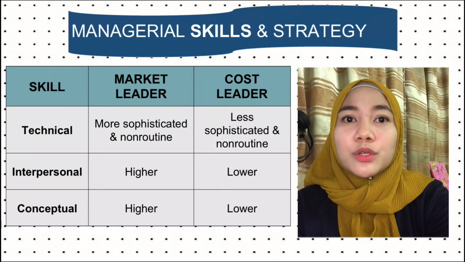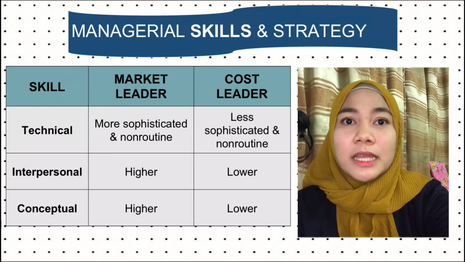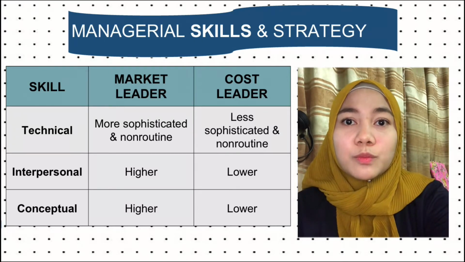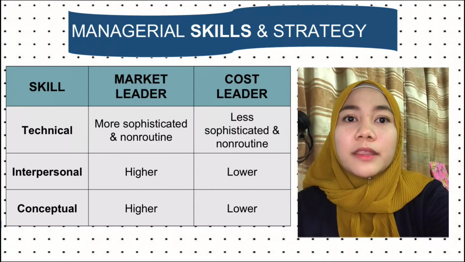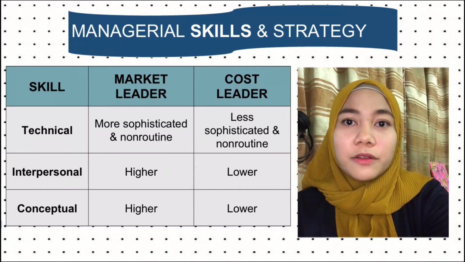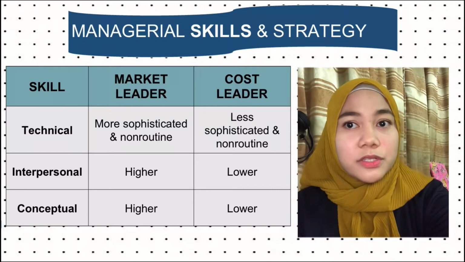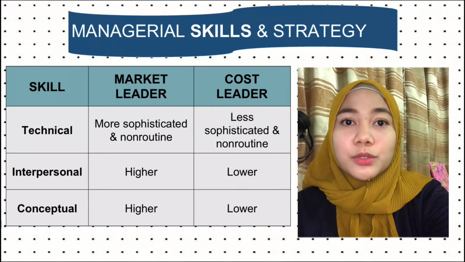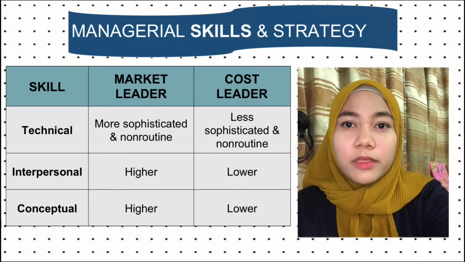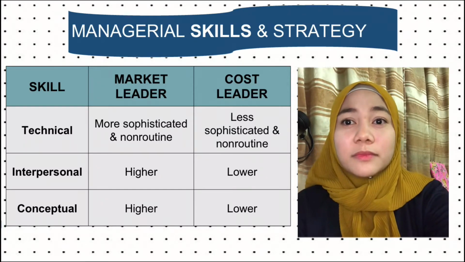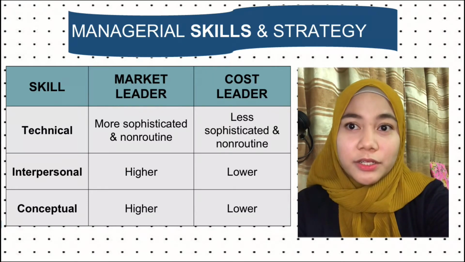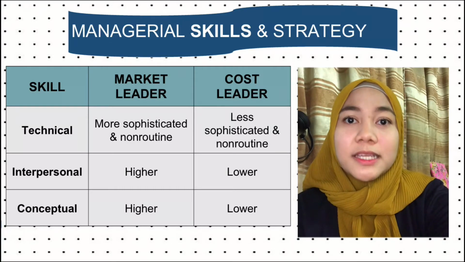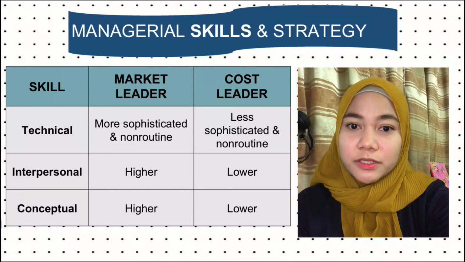Alright, so we go to the interpersonals. The market leader strategy uses a more organic, less formalized design that requires the manager to interact more with higher level managers, subordinates, and peers. These interactions are critical to coordinating activities within and between units. In cost leader organizations, the centralization of decision making and the formalization of rules, procedures, and policies decrease the importance of many of the interpersonal skills.